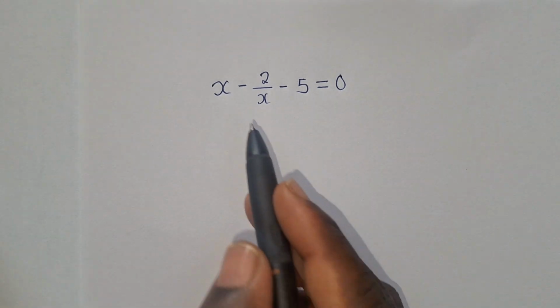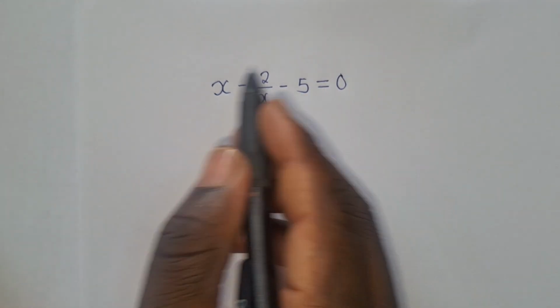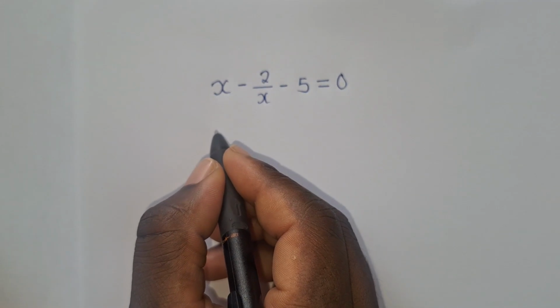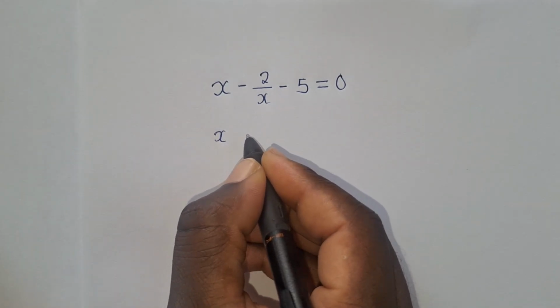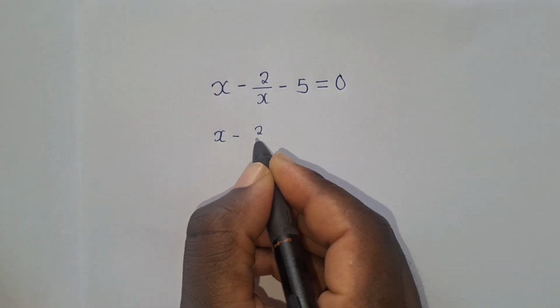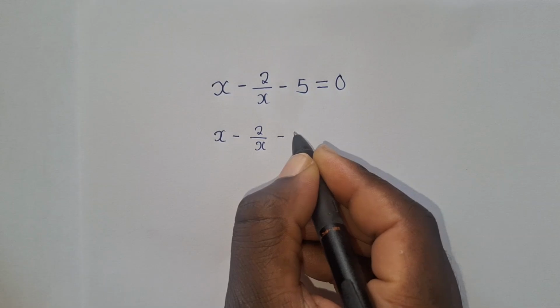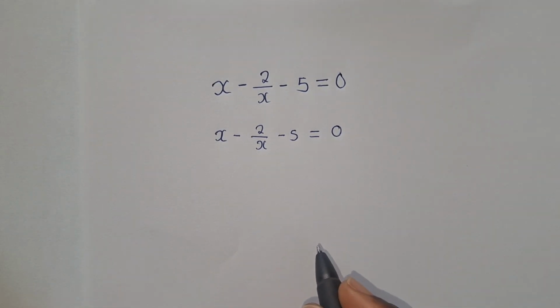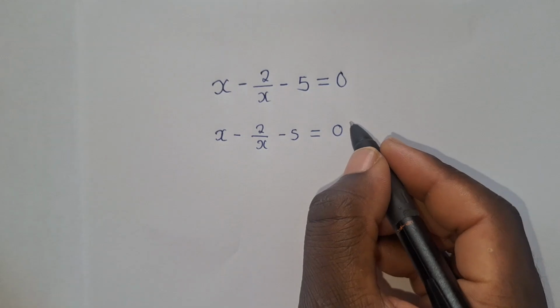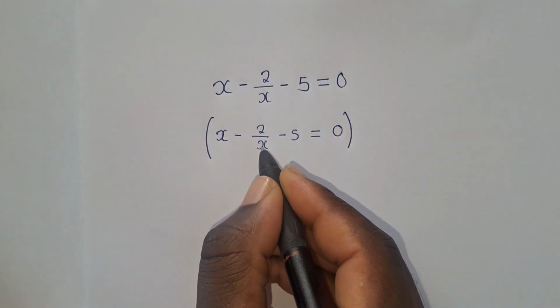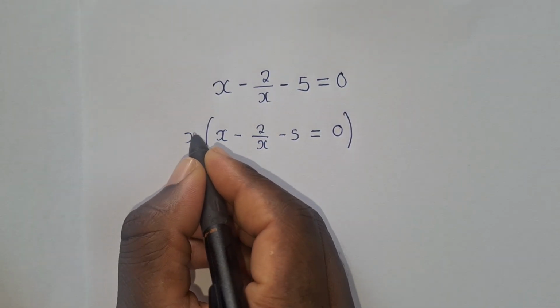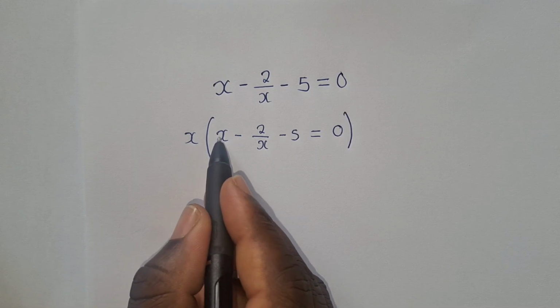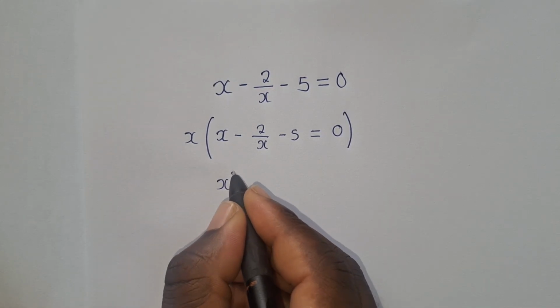All right, so here, since this is a quadratic equation, we're going to write it as x minus 2 over x minus 5 is equal to 0. We now multiply throughout by x, this denominator. So you multiply x times x, it will give us x power 2.